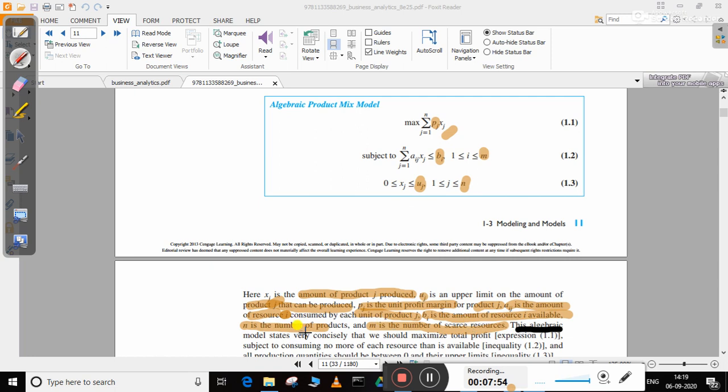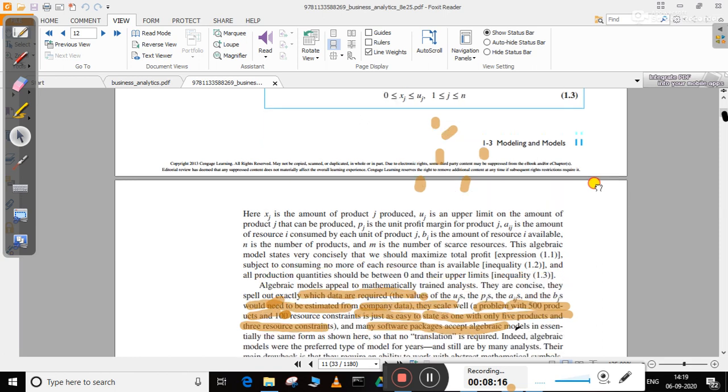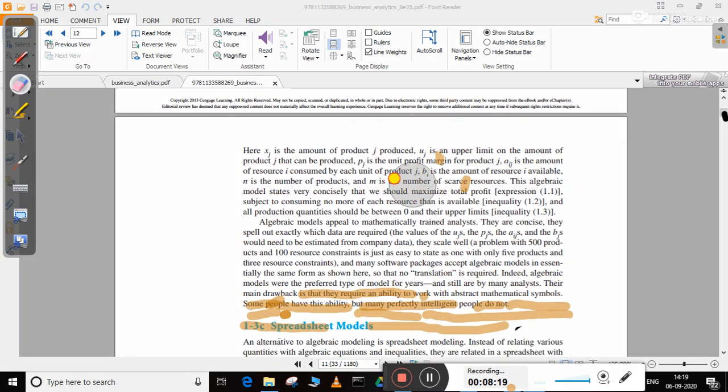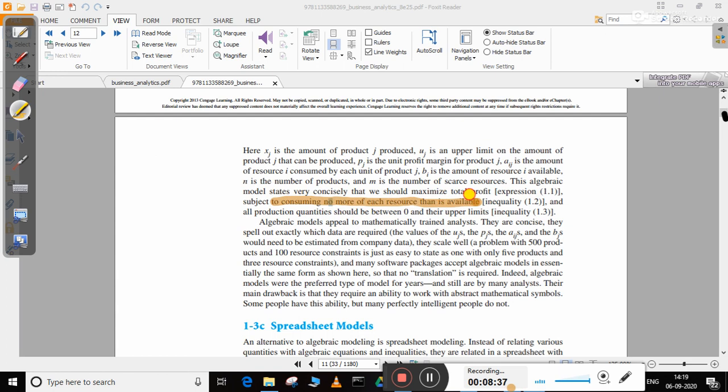This algebraic model states very concisely that we should maximize total profit, subject to consuming no more of each resource than is available.